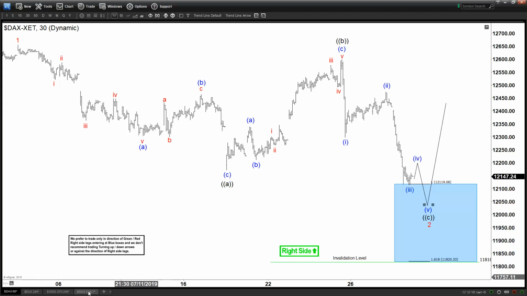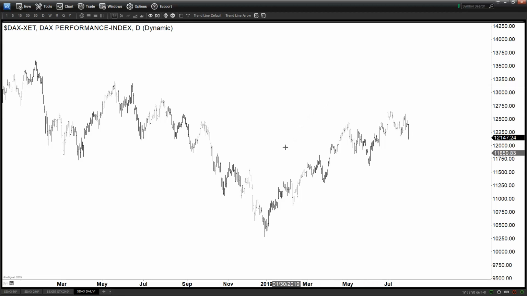If you look at the larger time frame here, we could see from the 2018 low. This is a daily chart, by the way, and this is December 2018. We got what looks like a sequence of higher highs, and this one looks like a 1 2 3 4 5 of some sort here. So we got a 1 2, and then we got a new high, and as you can see, this is incomplete, has not reached the 100%.